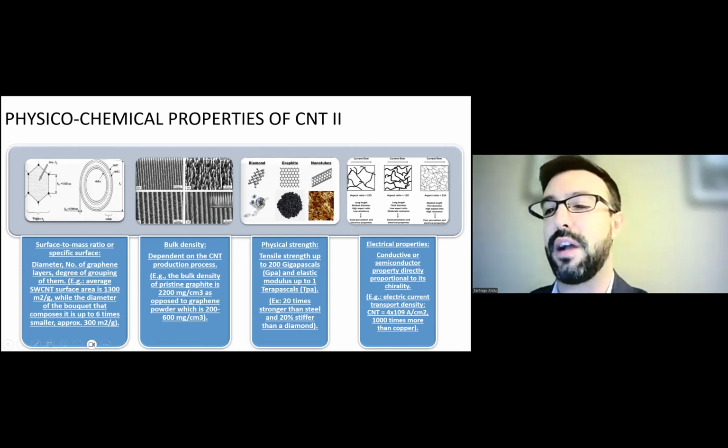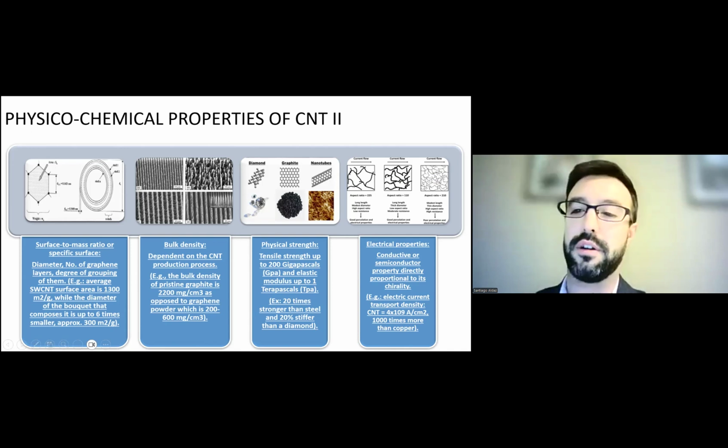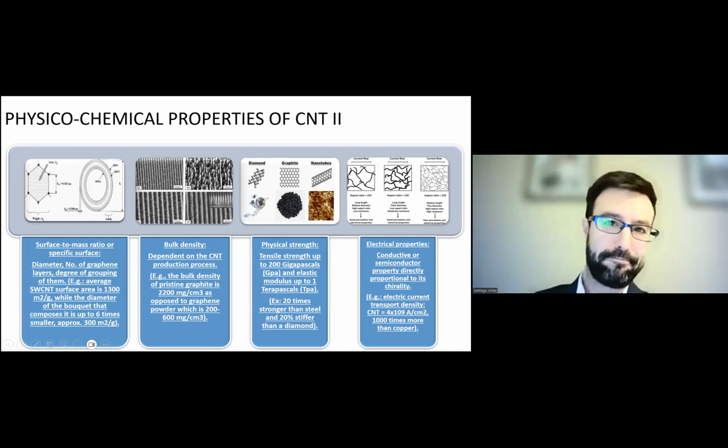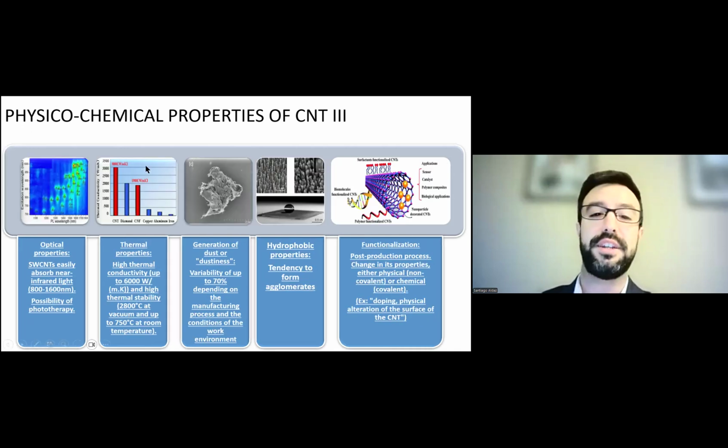They also have electrical properties, and can be conductive or semiconductive, which is directly related to their chirality. For example, CNTs have an electric current transport density that can be up to 1,000 times more than copper, which is really amazing. Then we have optical properties.